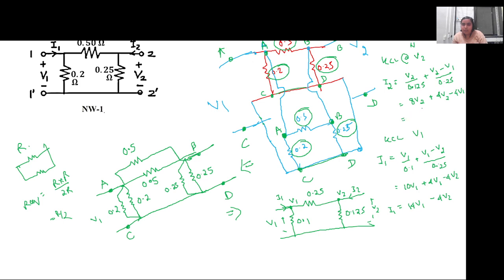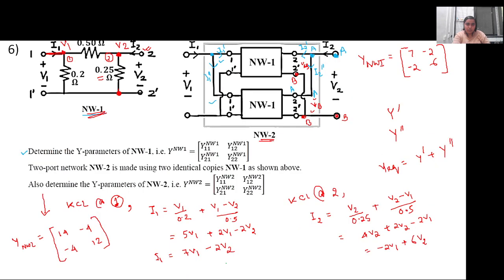So 8 plus 4 is 12V2. So it is minus 4V1 plus 12V2. So if I write the Y matrix, it is 14, minus 4, minus 4, 12, which is exactly what we got when we used the formula. 14, minus 4, minus 4, 12.